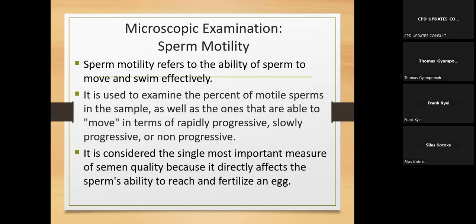Right. So the sperm motility test is used to examine the percentage of motile sperms in the sample, as well as the ones that are able to move in terms of rapid progression. So it means that even as you are examining their movement, you're also examining whether they are moving straight or moving haphazardly.